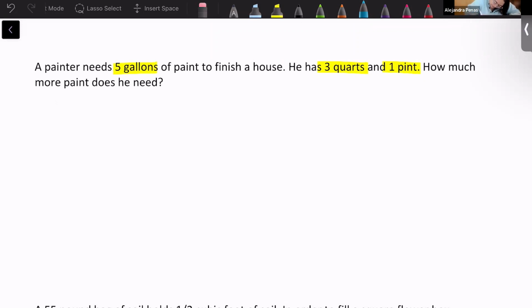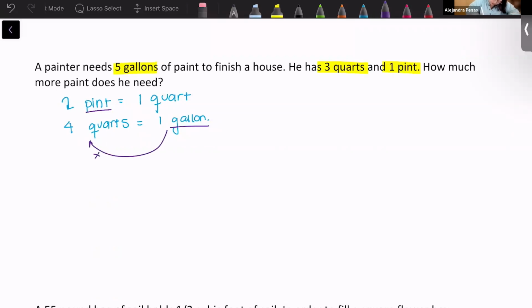So we have 2 pints equal to 1 quart. And we know that 4 quarts are equal to 1 gallon. So if we're going to go from gallons to pints, we're going to have to multiply times 4 and then again times 2.